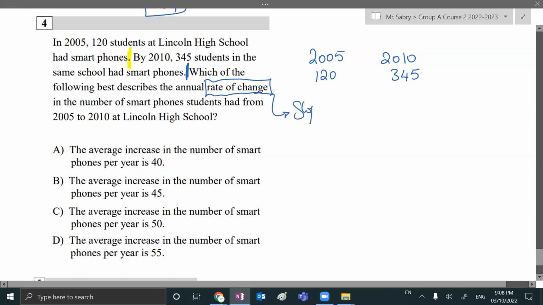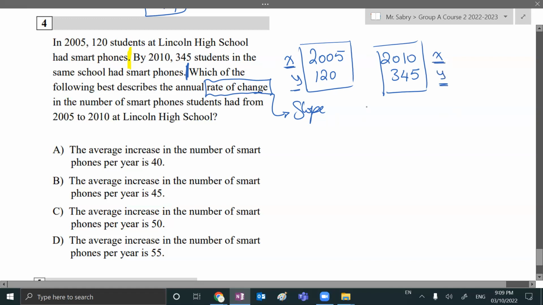I've told you that rate of change is exactly the same as the slope. And I can easily think, okay, what does this have to do with slope? But when you think even further, these are considered x and y of each other. So in the year 2005, that's the x, the y was 120. In the year 2010, that's the other x, the y was 345.